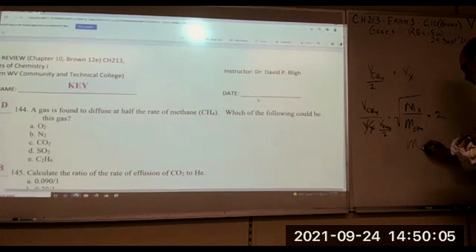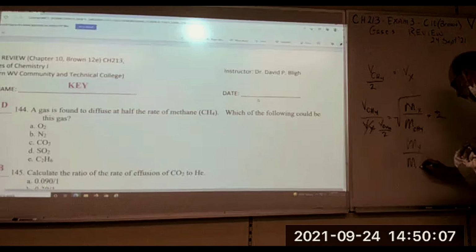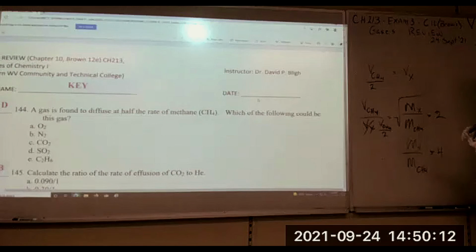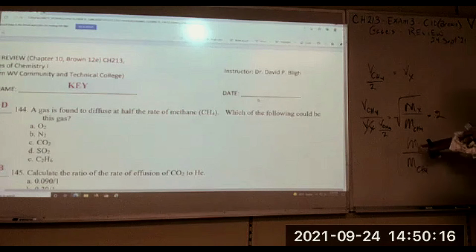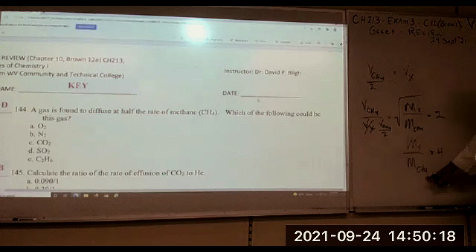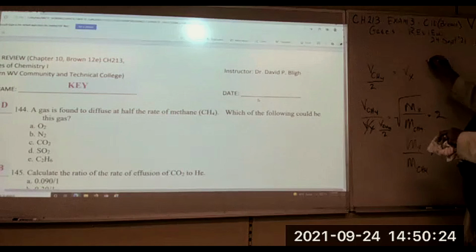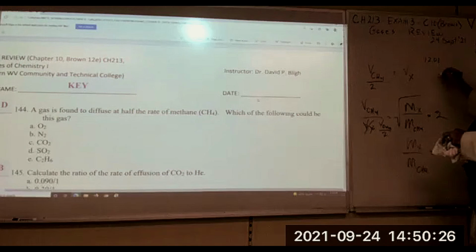Now you've got this one divided by this one equals 4. Okay? So what would the molar mass of this one be? It would be the molar mass of this one times 4. Right, so what's the molar mass of methane? Let's see, 12.01 and then 4.04 for the hydrogens.